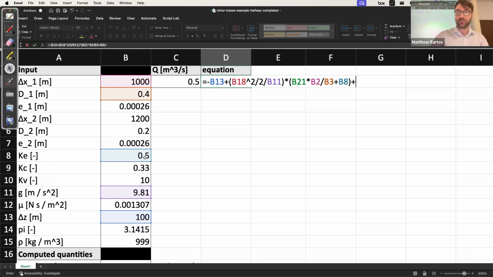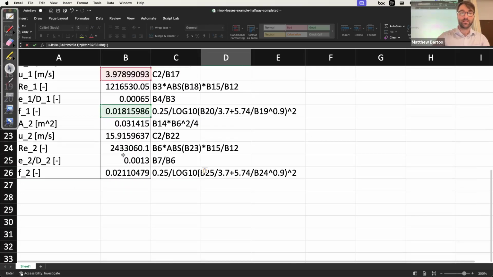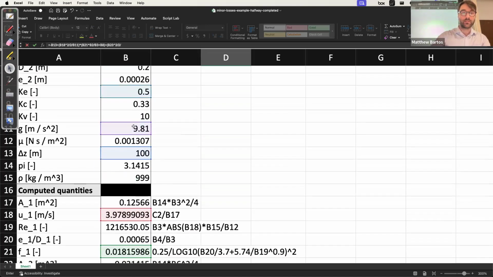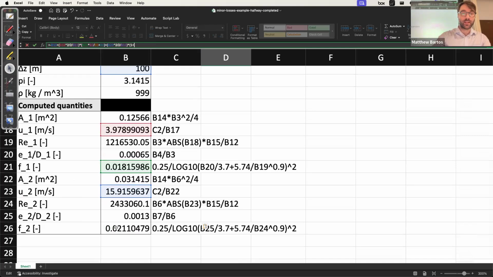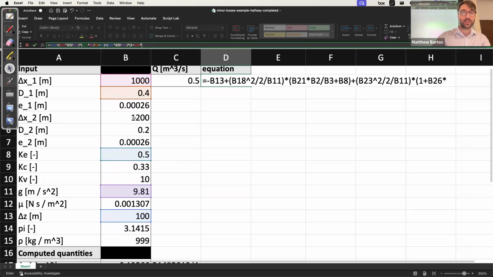Okay, now we just have to do that for the other pipe. So we have u2 squared over 2g, so that is u2 squared divided by 2 divided by g, times the quantity 1 for the velocity head plus f2 times delta x2 divided by d2.